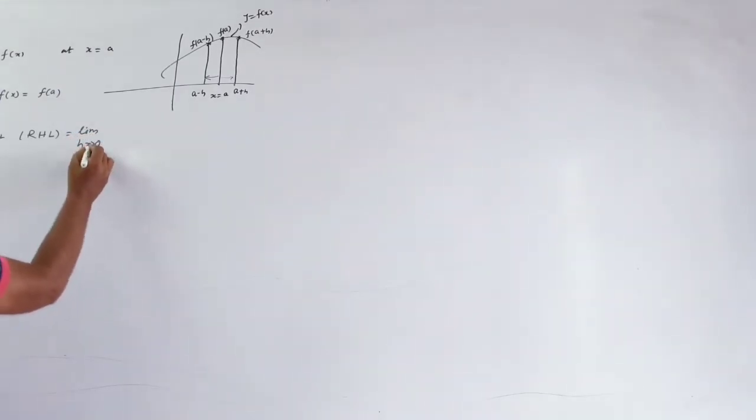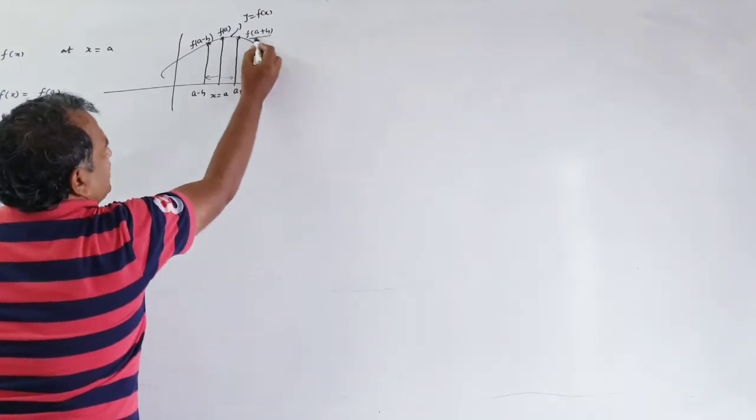Now x plus means the right-hand limit, in short form write RHL. Now limit h tends to 0, what is the right hand limit? f of a plus h.